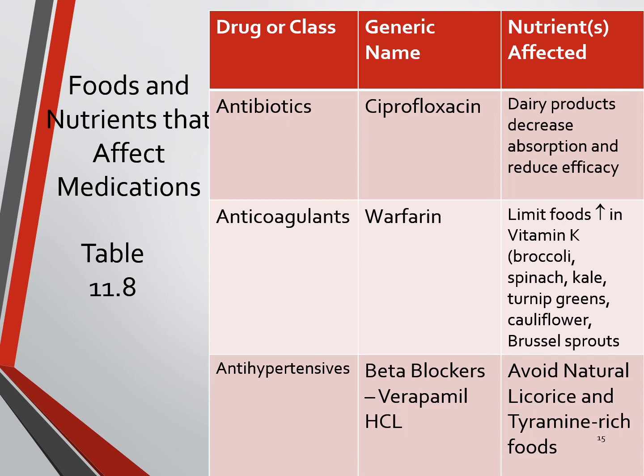A well-known class of drugs are the anticoagulants, so warfarin, also known as Coumadin. Patients should be instructed to limit the amount of vitamin K rich foods in their diet. So broccoli, spinach, kale, turnip greens, cauliflower, and Brussels sprouts.